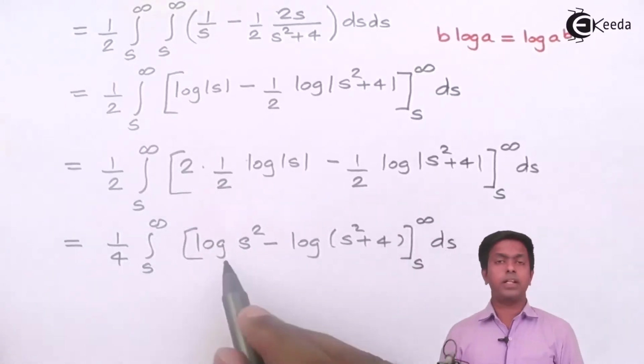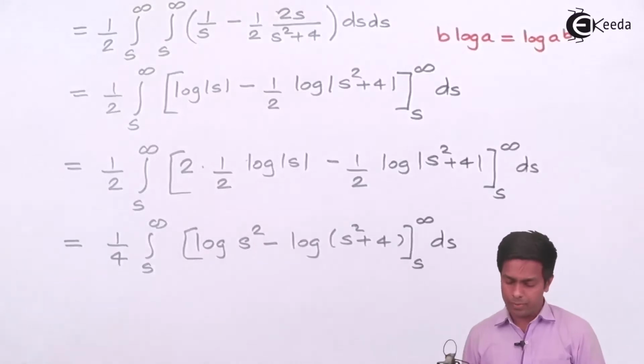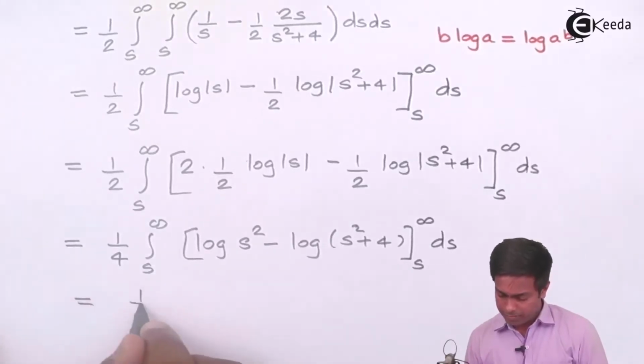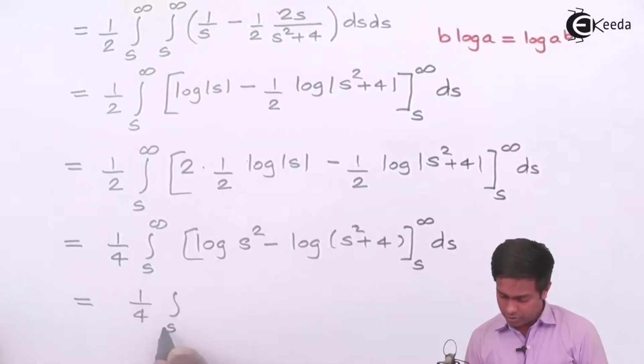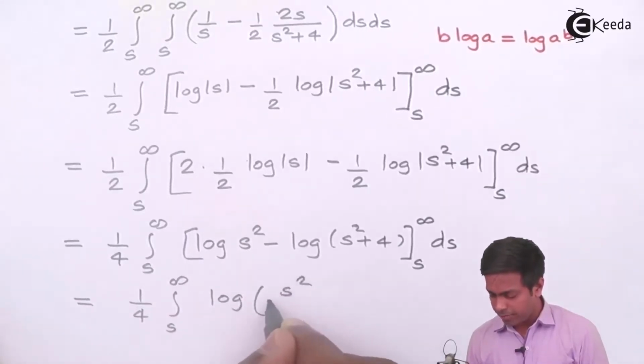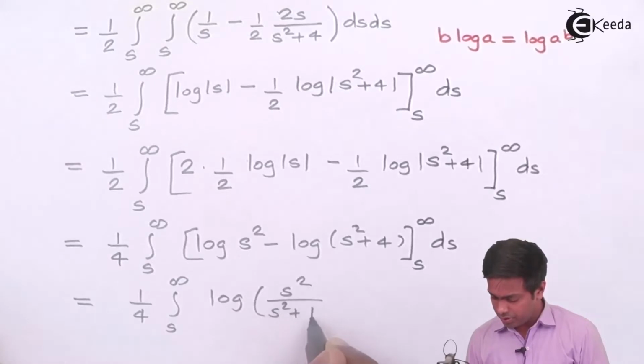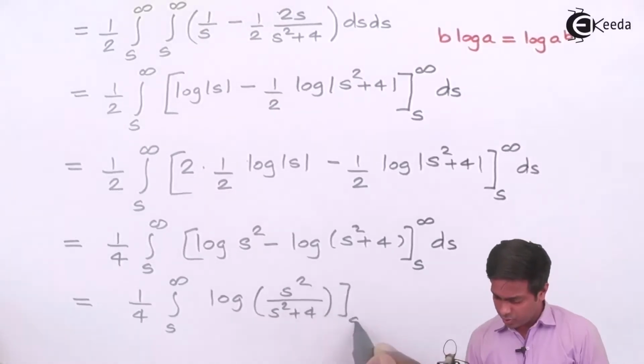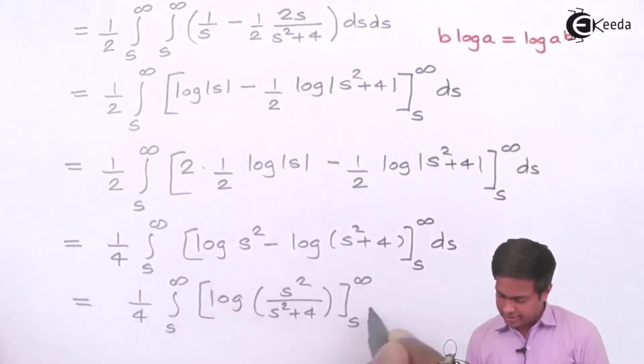Now this is a property that is log a minus log b, which is log of a upon b, so we will get 1 by 4 integration from s to infinity log of s square upon s square plus 4 from s to infinity ds.